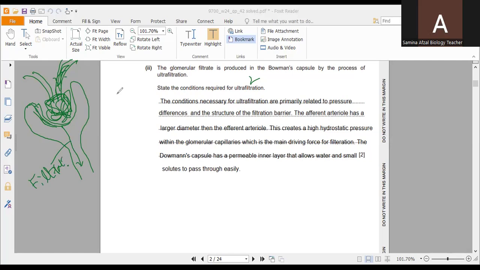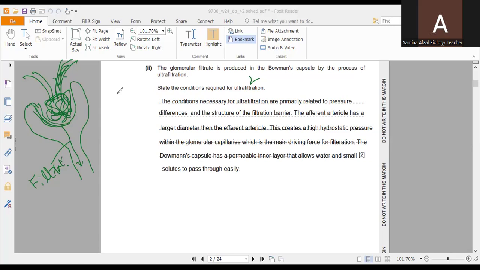Firstly the blood enters into the glomerulus and then it is filtered, which is called ultrafiltration or fine filtration. For this process, a pressure difference is needed.